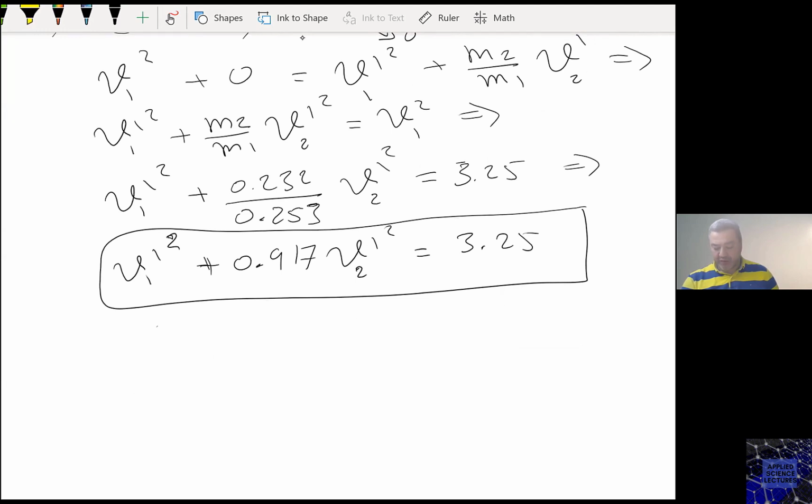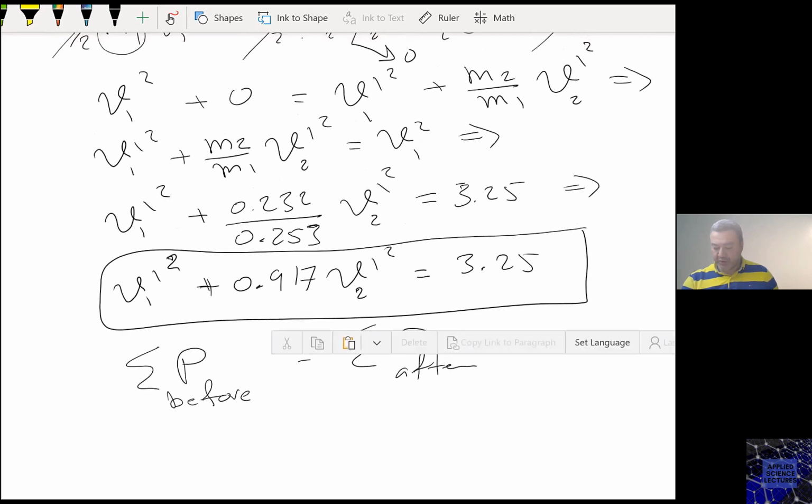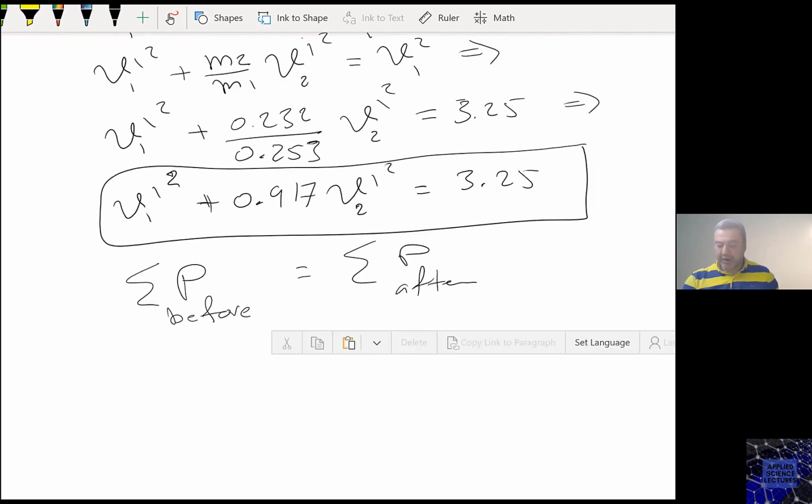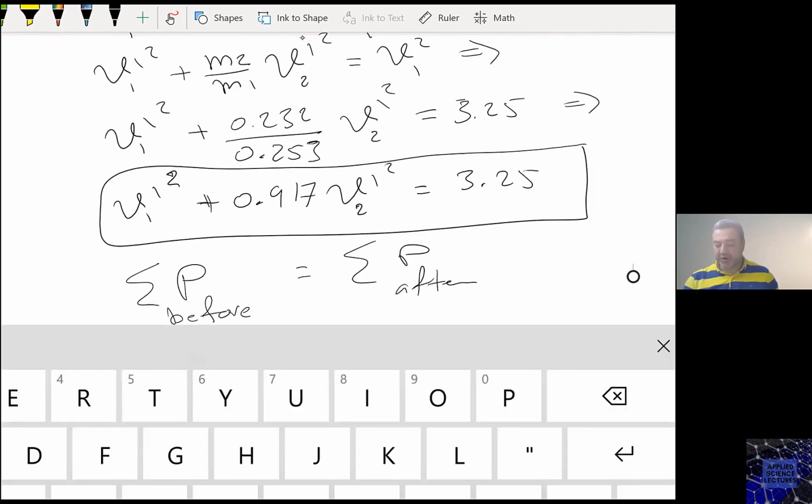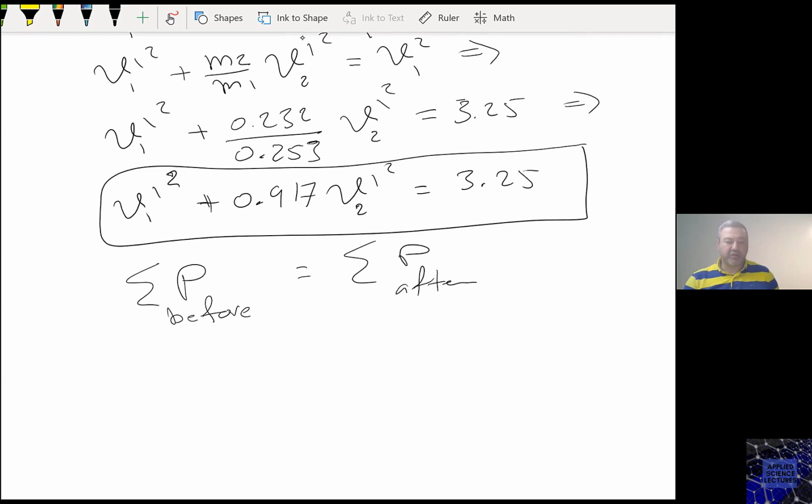Now the second equation is the conservation of momentum. So I have sigma P before equals sigma P after. Remember, I assumed the V primes to be in the positive direction, so I can right away write all of the V's in the positive.